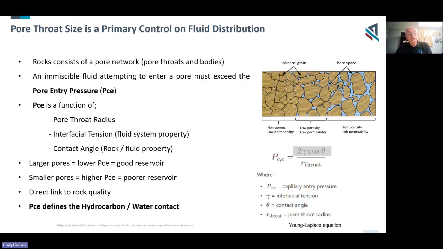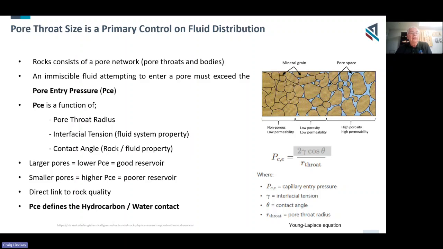This equation here, the Young-Laplace equation, shows us how pore throat size controls this pore entry pressure, the PCE. The other factors which control that are fluid and rock properties. The interfacial tension is a fluid system property, between the hydrocarbon and water.